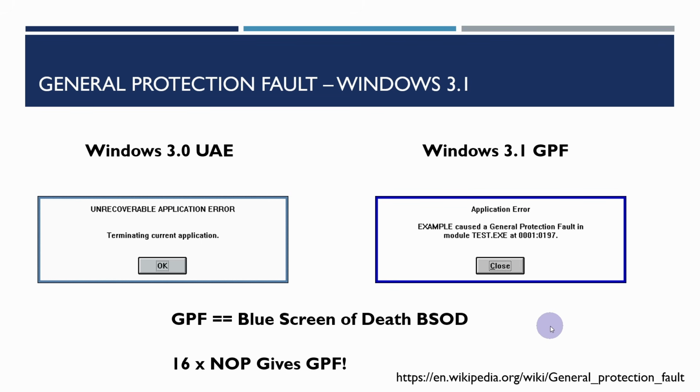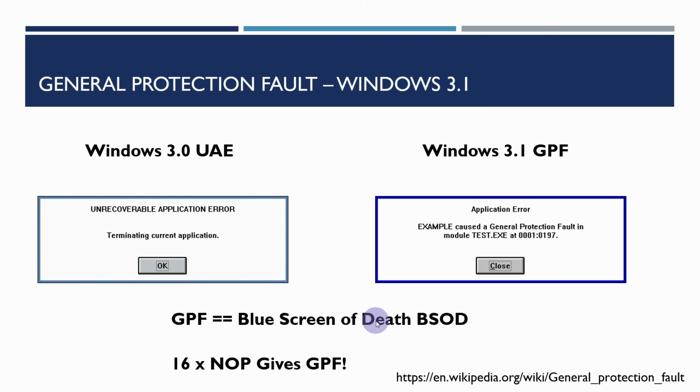fault was the old school equivalent of the blue screen of death that we would have in more recent versions of Windows. In fact, in Windows 3.0, there were the dreaded things called unrecoverable application errors that used to cause a lot of applications to crash unexpectedly. And Microsoft announced in Windows 3.1 that unrecoverable application errors would no longer occur, and that's partly because they were just replaced with general protection faults, or GPF.